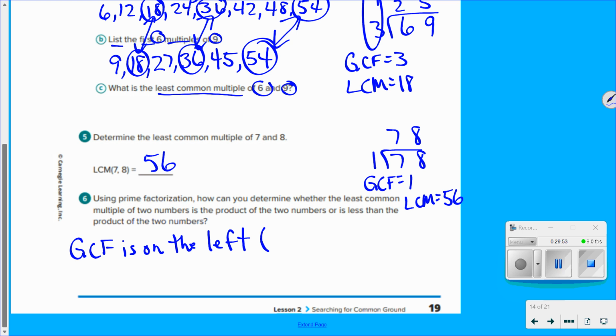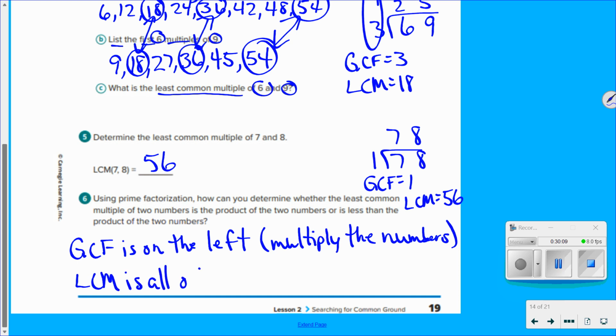Multiply the numbers. LCM is all of them. And again, we're multiplying the numbers.